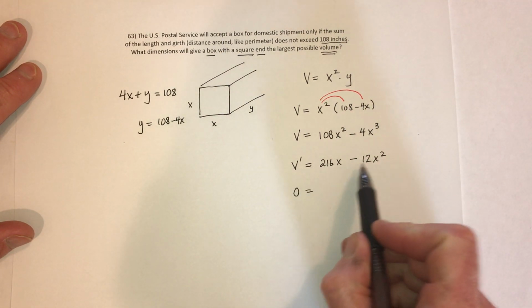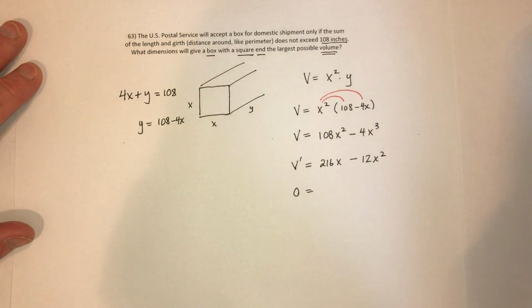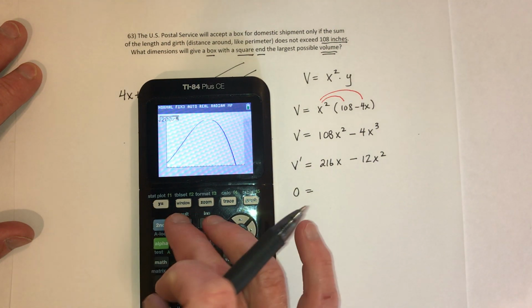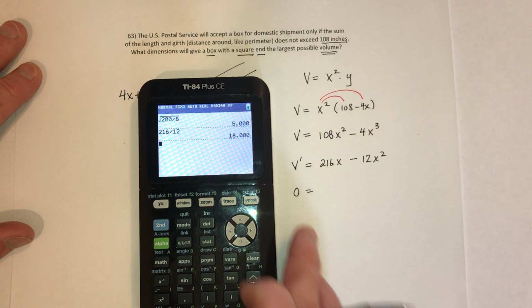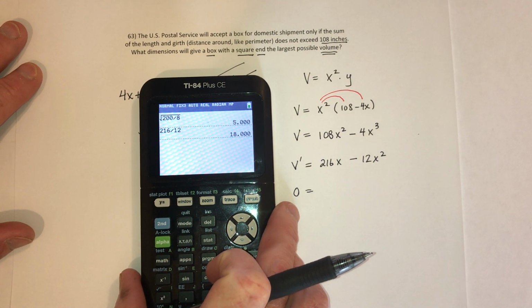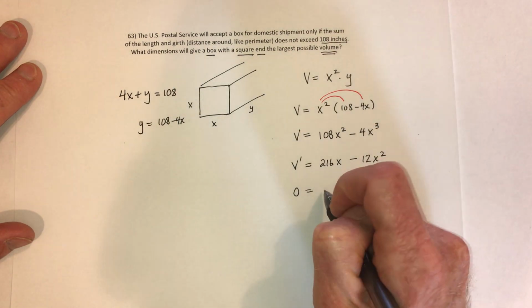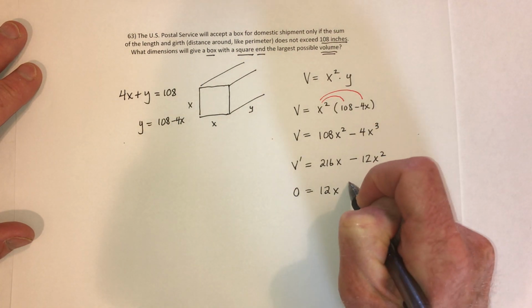So I know that we could factor out an x. What about with a 216, can you factor out a 12? Yes, it goes 18 times. So we could actually factor out a 12x.